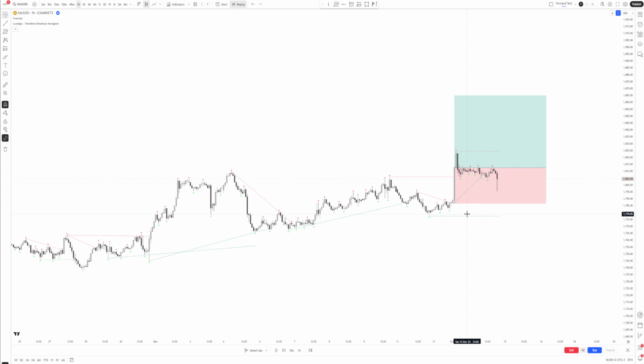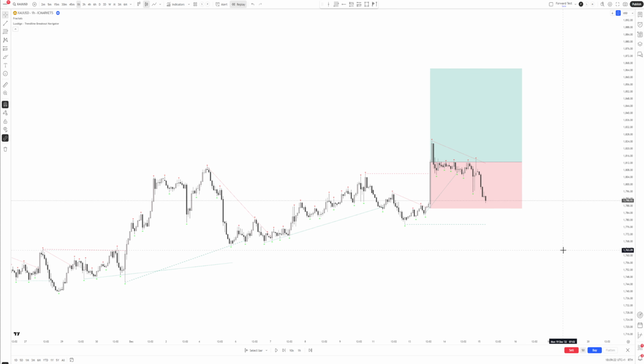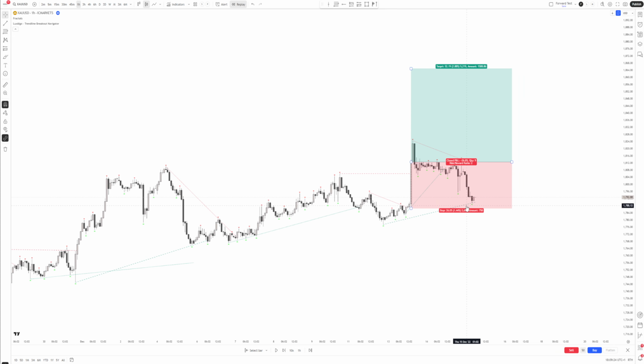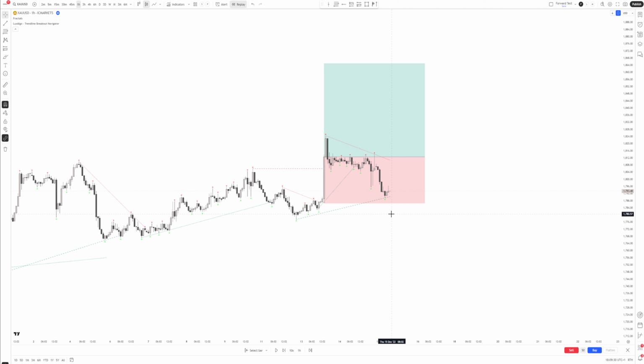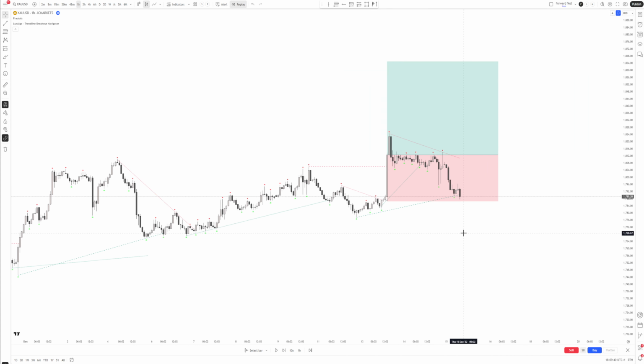And okay, so you can see price has broken that trend line there, and we've got these short-term trend lines. But as long as price doesn't come and stop us out, okay, now you can see the price is heading towards our stop loss, and we have got a medium buy trend line. Okay, we are not entering another trade, we're just letting it play out, and you can see that price has actually broken that medium trend line there.